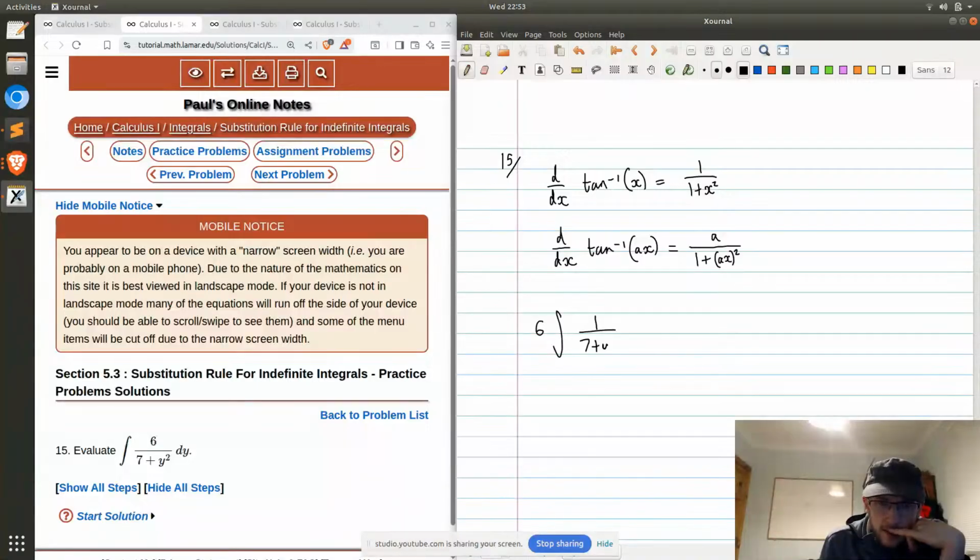It's exactly the same as that. Just let u equal y squared plus 6. Right? Just do that.